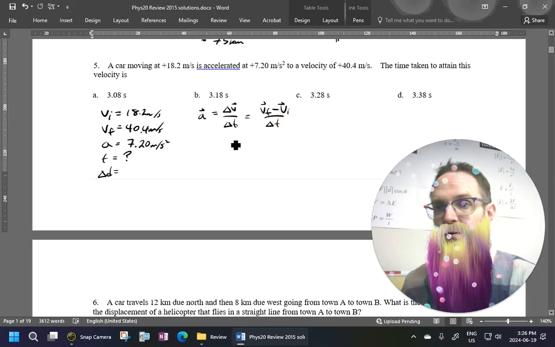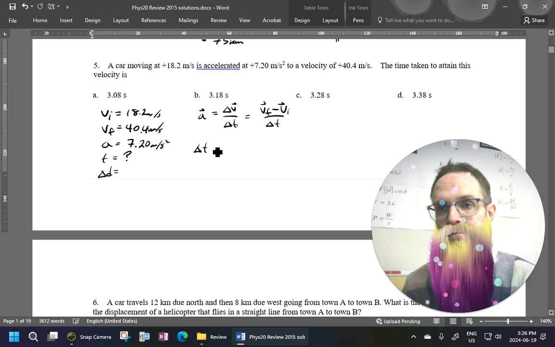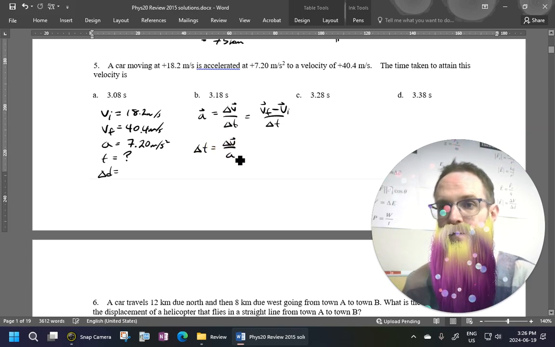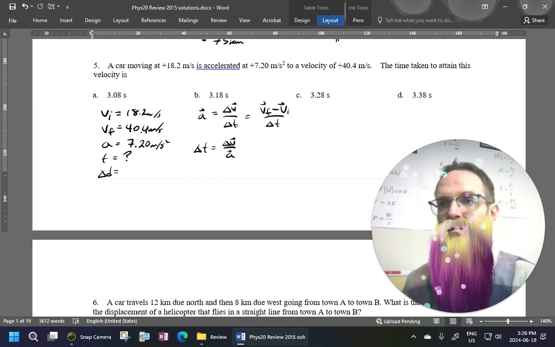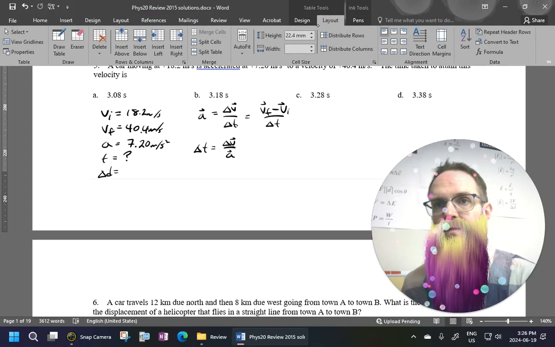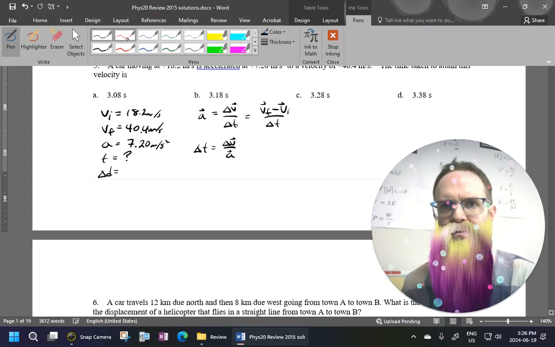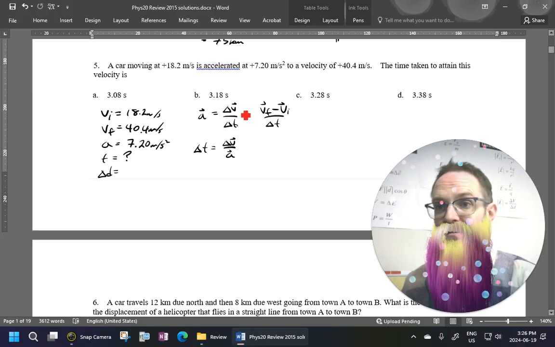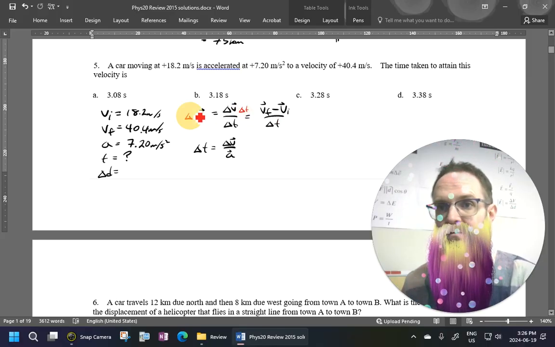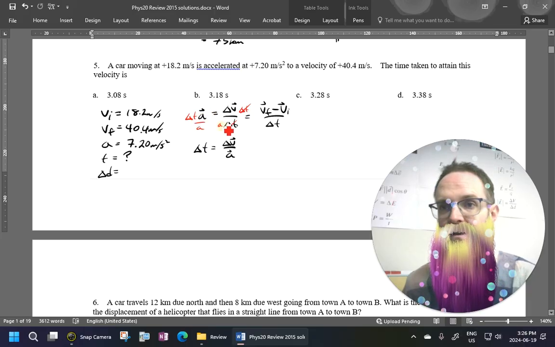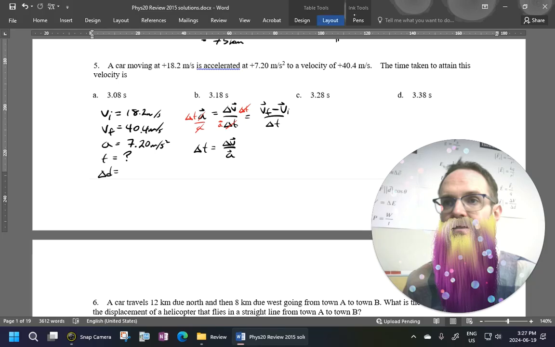And then we want to solve for time. So we're going to times the time up to the other side, and we're going to divide by a. Remember, that's our steps there. You don't have to show those steps. It's also just multiple choice, but it'd be nice to remember what we're doing. So we're going to times that up to that side, and then divide by a, so we get the t there by itself.